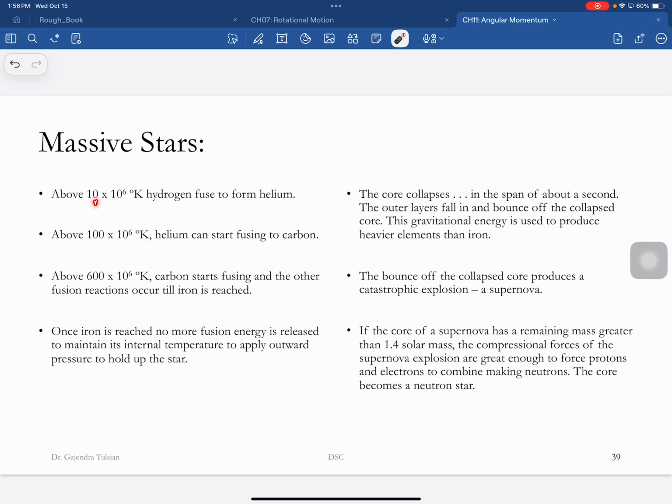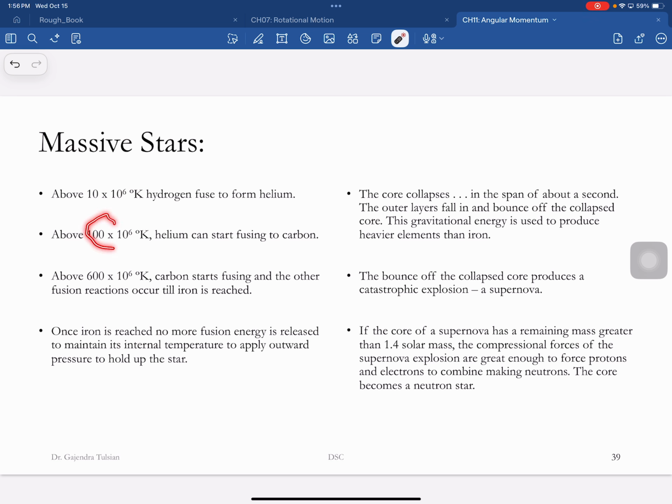Okay, so inside the sun, at the center of the sun, the temperature is 15 million degrees Kelvin. So at 15 million degrees Kelvin, you can fuse hydrogen to form helium. Then, if you want to make carbon out of helium, a helium nucleus is doubly charged, so you need to make it hotter to bring them close together.